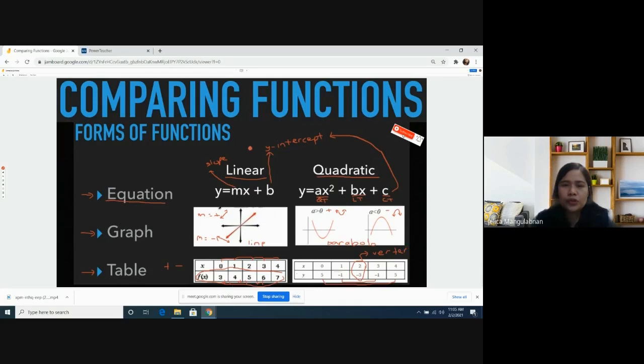Again, you need to remember those terms like x-intercepts. You need to learn how to identify the x-intercept, whether it is a linear or quadratic function. In x-intercepts, your y is always equal to 0. That will be the value of your x. And remember that x-intercepts are also known as roots.